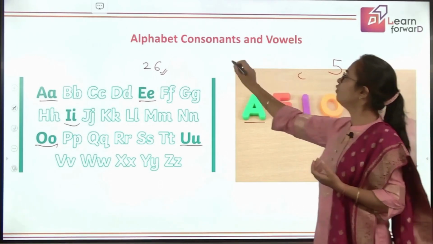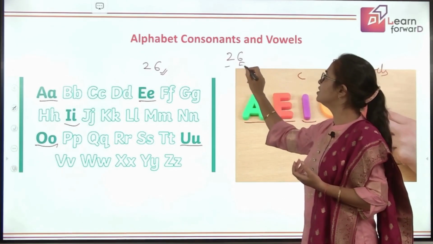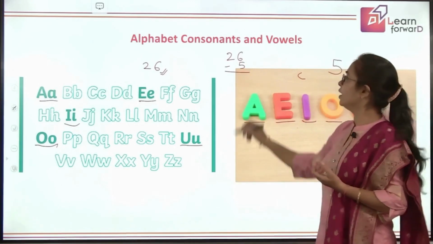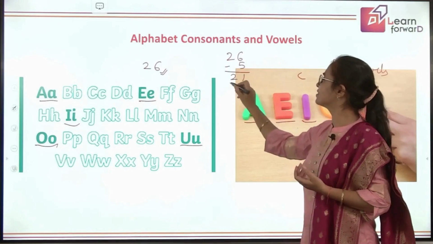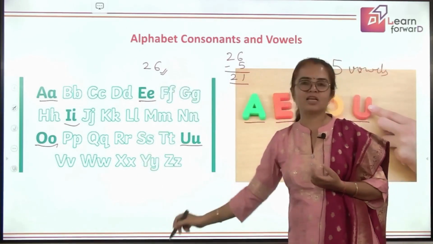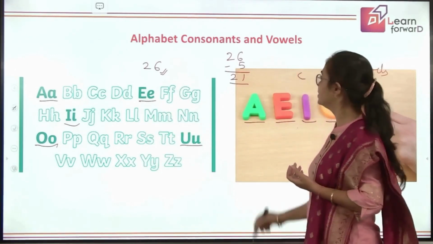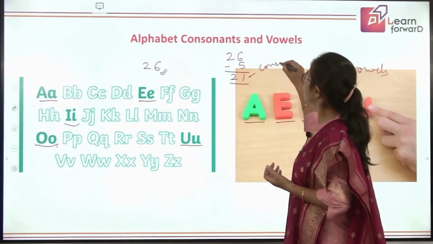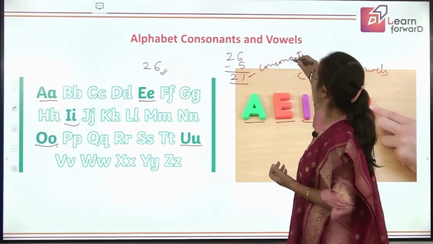So out of 26, when you take out these 5 special letters which are called vowels, you get how many? 21. That's good. So these 21 letters, the remaining letters which are not highlighted in this set of letters, the alphabet, these are called consonants. What are they called?